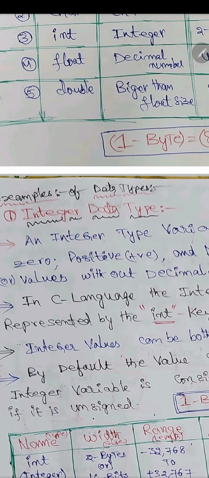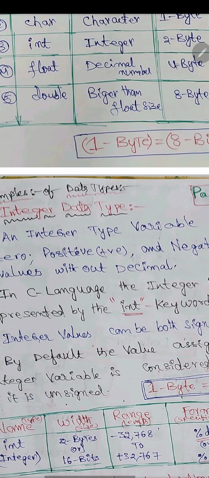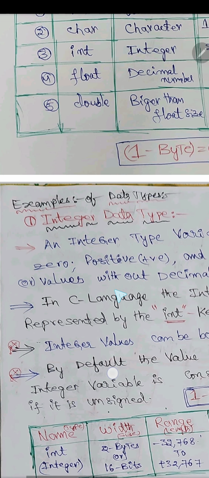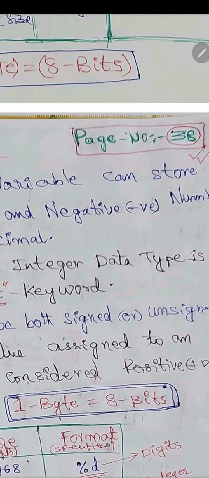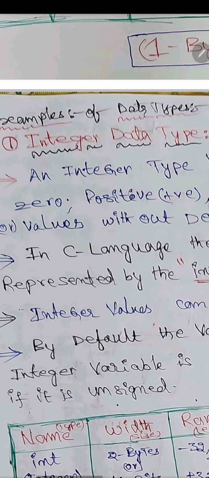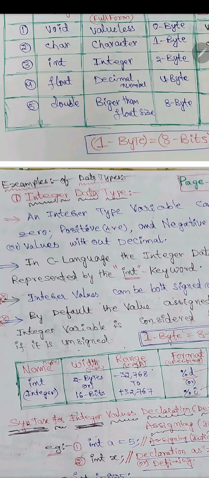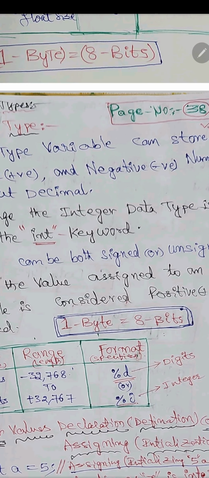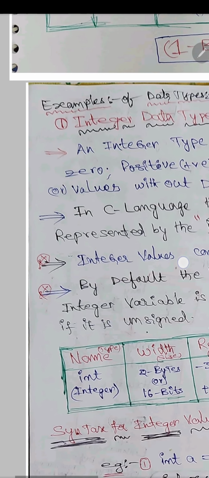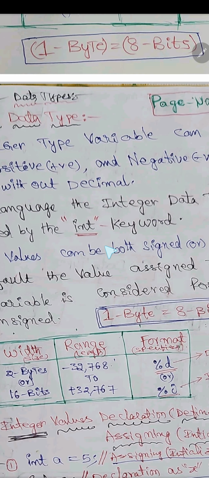An integer type variable can store zero, positive and negative numbers. It can store positive and negative values without decimals, without fractions, without floating point. In C language, the integer data type is represented by the int keyword.